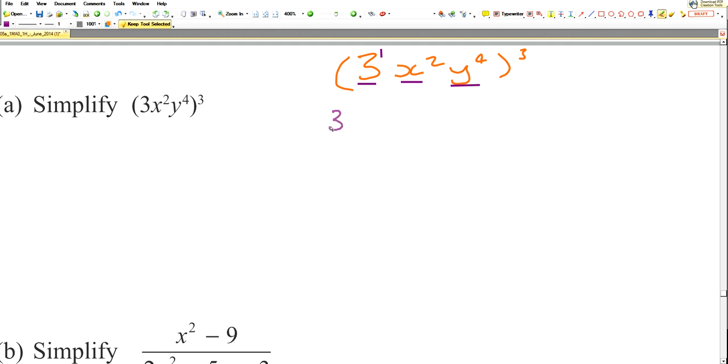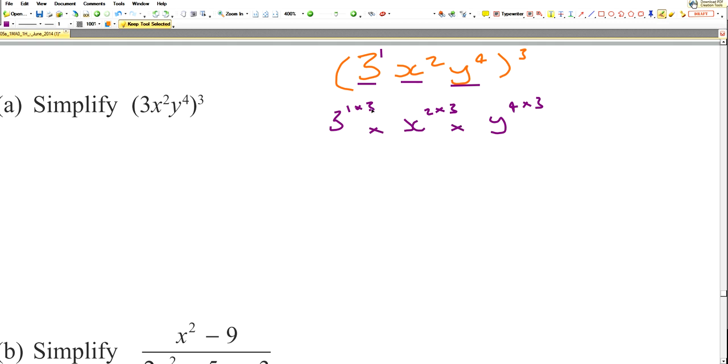So what that means is this: 3 to the power of 1, multiply that by 3. We have x squared, we're going to raise that to the power of 3, so we multiply the powers together. And y to the power of 4, times that by 3 as well.